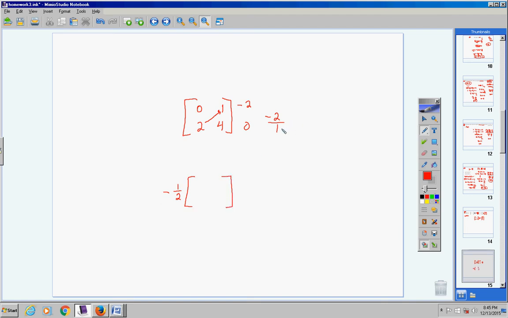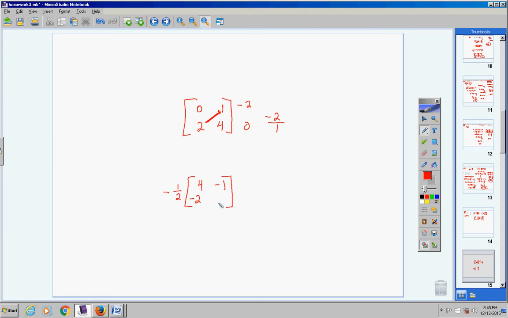Negative 1/2. Let's review. Find the determinant. Flip it. Write it here. Then these two numbers here, you change their signs. So 2 becomes negative. 1 becomes negative. You do not move them. These two numbers, you do not change their signs. You just swap places.